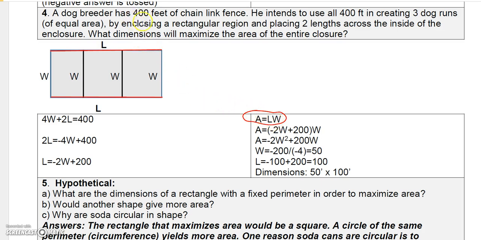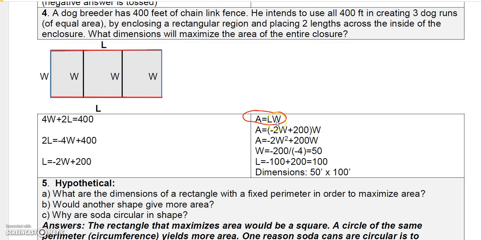So what I'm going to do is remember that all of these values have to add up to 400. So 4w plus 2l must add up to 400. Well, then I can solve this for l in terms of w. So if I move the 4w over, I get 2l equals minus 4w plus 400, and then dividing each term by 2, I get l equals minus 2w plus 200.